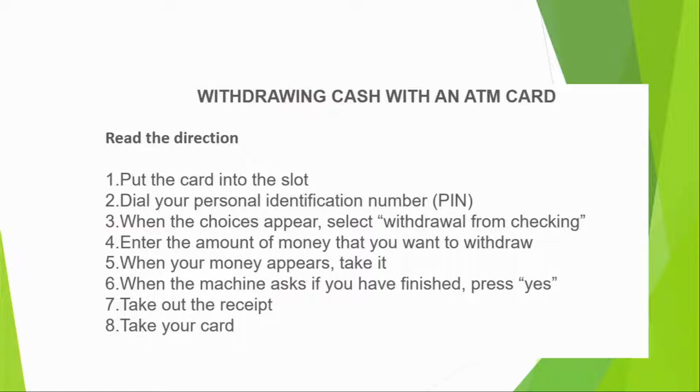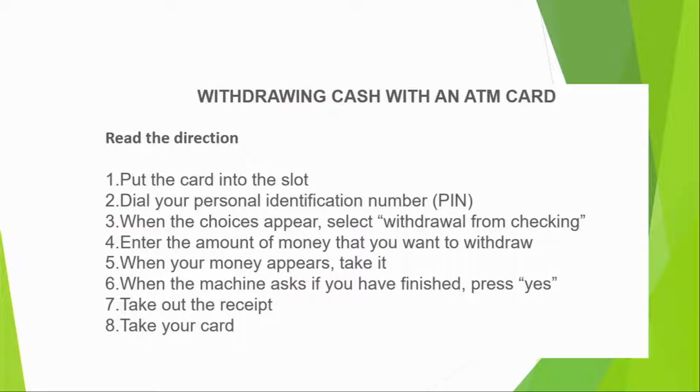What I show you today is a different process of how you tell people, and write something, to make people understand what to do, what you instruct them to do. Here we see withdrawing cash with an ATM card.